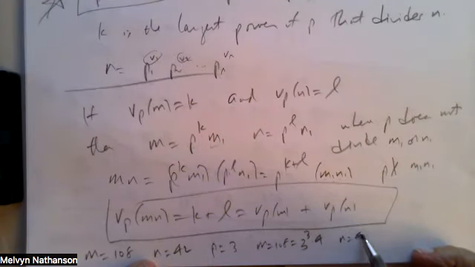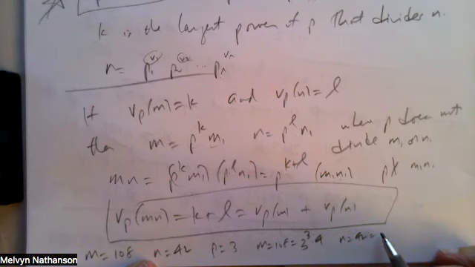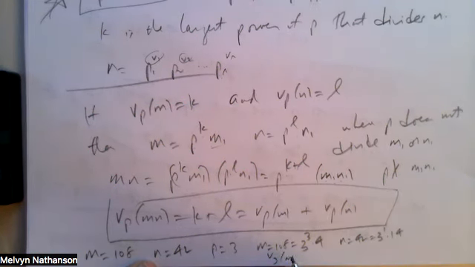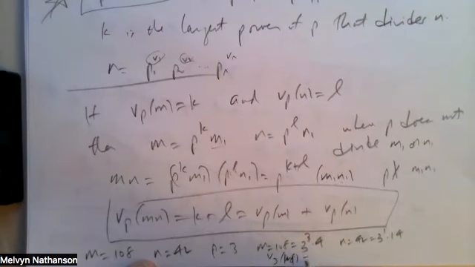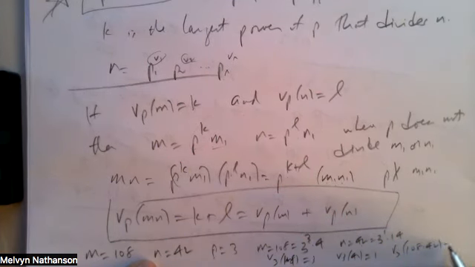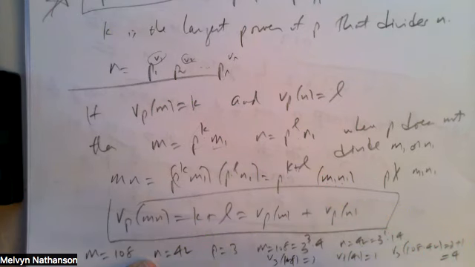And N, which is 42, is 3 times 14, 3 to the first power times 14. So V3 of 108 is 3, and V3 of 42 is 1, right? And if I multiply these two numbers, V3 of 108 times 42 would be 3 plus 1, or 4.